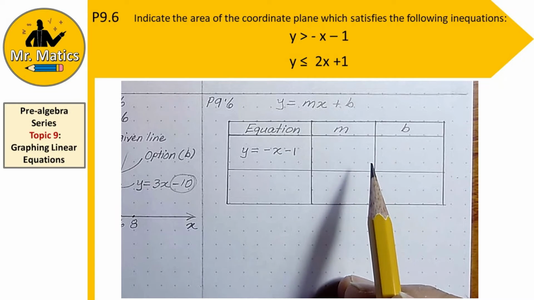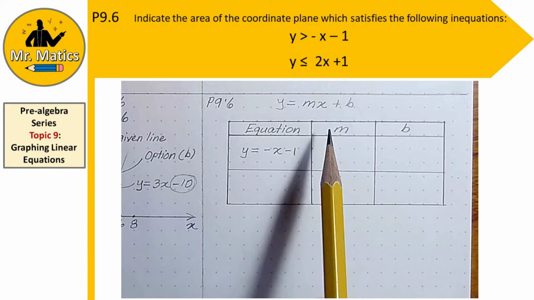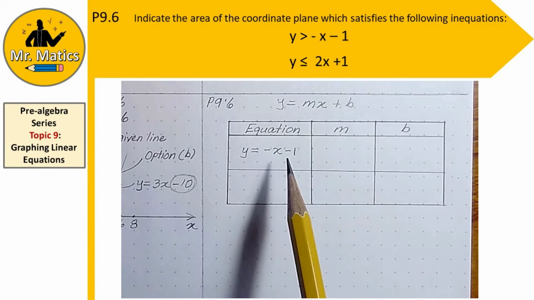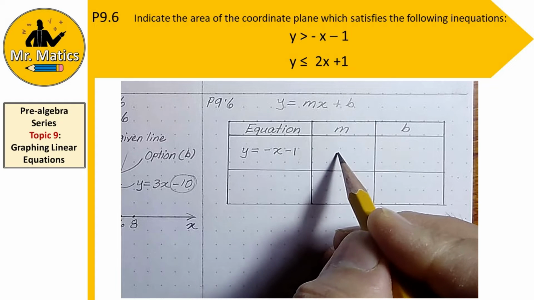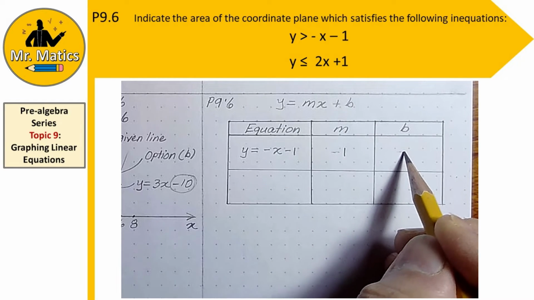If you are not ready yet at this point, you're welcome to go back to the previous couple of problems where we have explained how to find m and how to use m and b. Okay, so by comparison to mx plus b, you can see m is minus 1 and b is also minus 1.